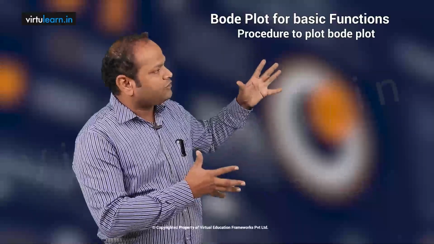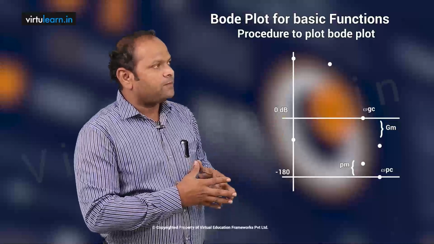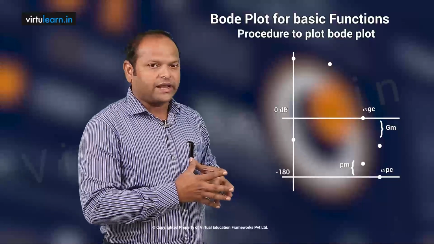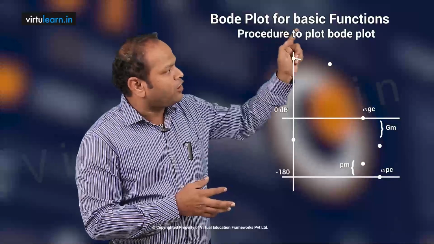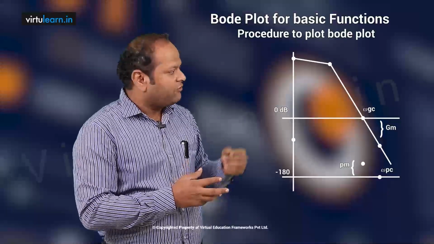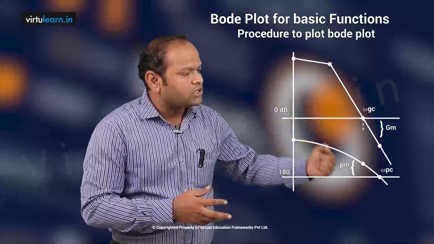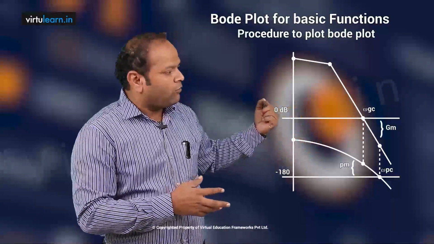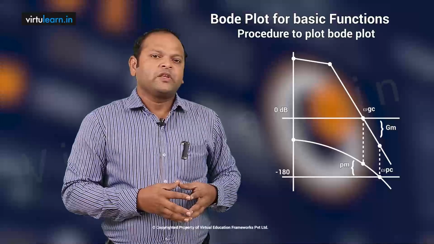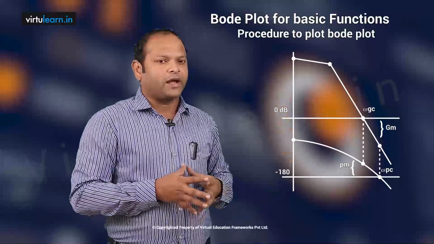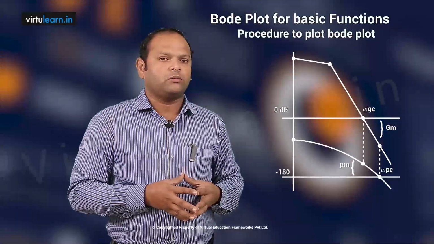When you take the graph sheet, a lot of things need to be drawn, so choose the proper scale before plotting and locate the points. Then we can plot the magnitude plot with straight lines, whereas for the phase plot you draw a smooth curve, because we have more points in the phase plot. So these are the steps to be followed for the magnitude and phase plot to draw the Bode plot.